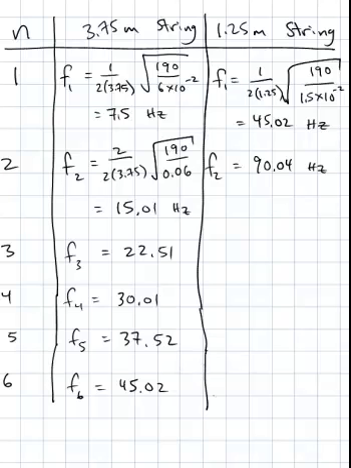All right, so when n is equal to 6, I've got a frequency of 45 hertz. And that gives me six loops, right, on the left-hand side in the longer string, and that matches up to the frequency that gives me 1 loop in the right-hand string.